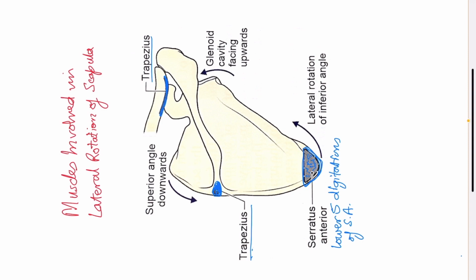But the lower 5 digitations, inserted onto the inferior angle of the costal surface of the scapula, are meant to pull the lower end of the scapula. And the upper fibers of trapezius, attached to the clavicle as well as the medial border of the acromion, pull the scapula above; they elevate the scapula as well as pull it upwards and medially.